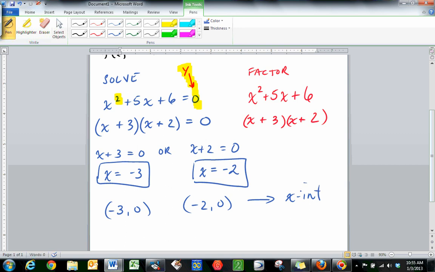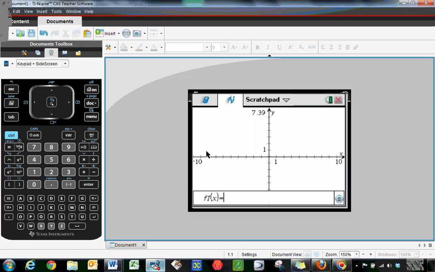What we've created here are the x-intercepts of this quadratic function. So when we solved this quadratic equation, we actually found the two x-intercepts of the quadratic function if we were to graph this. So we can see this, for example, when we go to our calculator, and we know that f of x means the same thing as y.